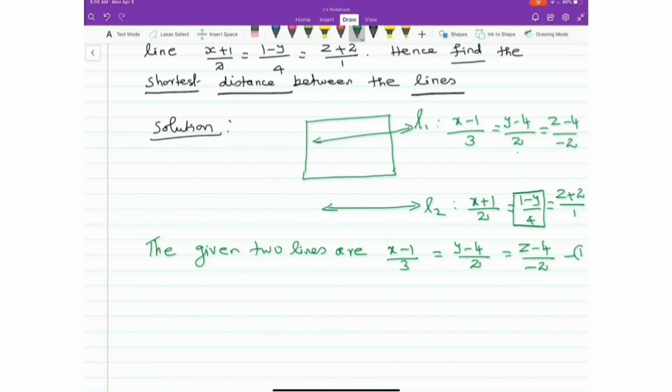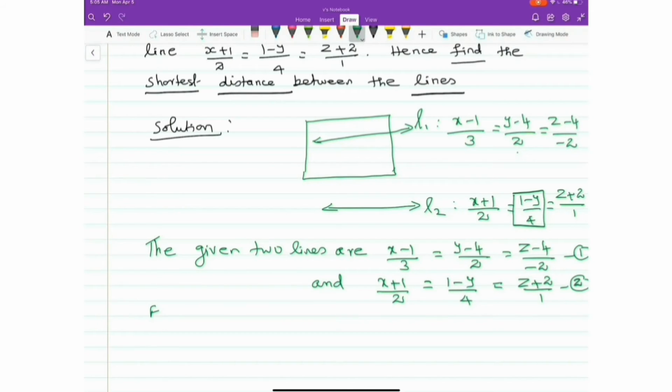Let me name this as 1. And (x plus 1)/2 is equal to (1 minus y)/4 is equal to (z plus 2)/1. Let me take it as 2.